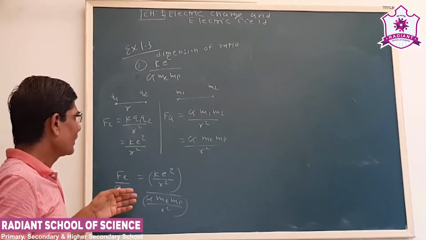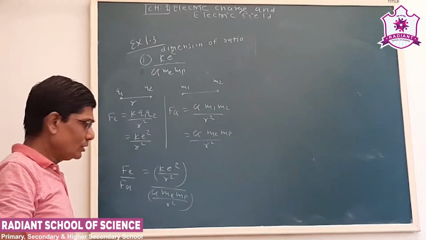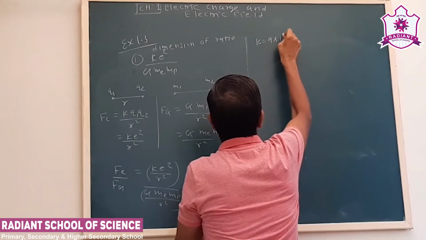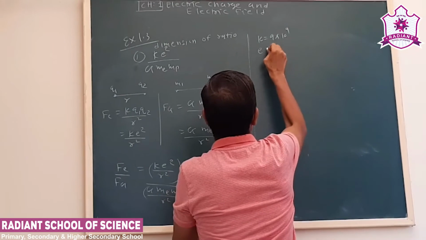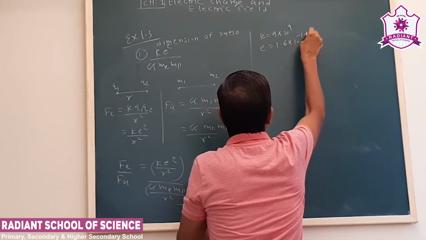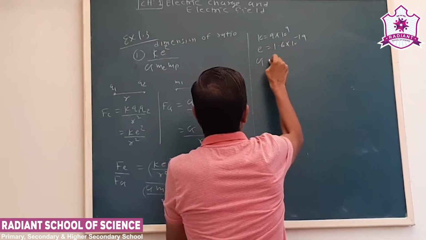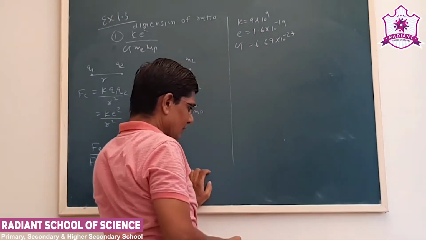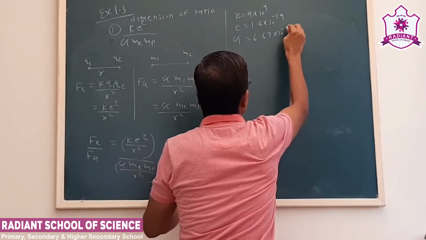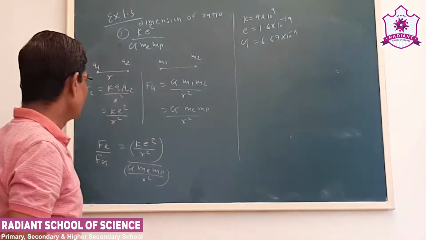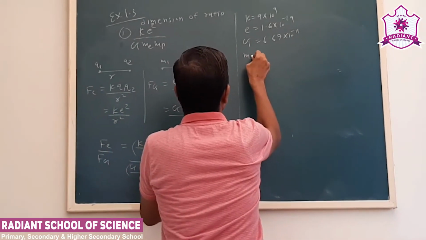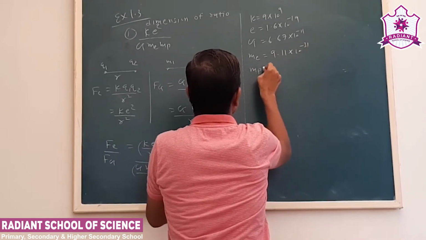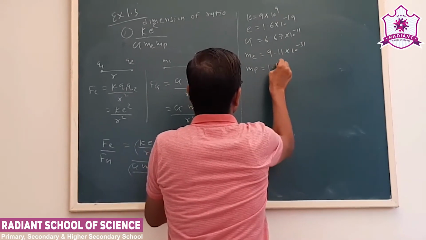Okay. Now we are having the values also. K is 9 into 10 to 9. E is the charge of the electron, 1.6 into 10 to minus 19. G is 6.67 into 10 to minus 11 in MKS. Now ME is the mass of the electron, 9.11 into 10 to minus 31, and the mass of the proton is 1.67 into 10 to minus 27.